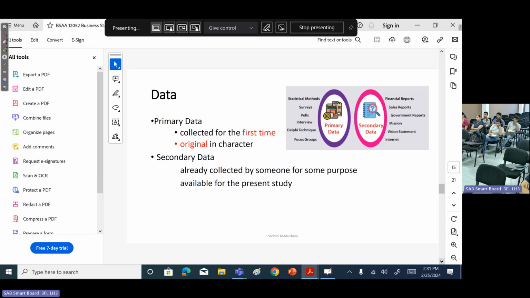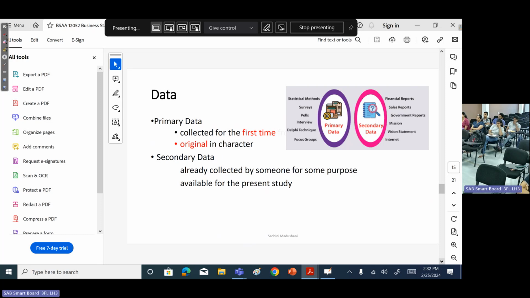Okay, primary data. But secondary data means data already collected by someone for their subject. Say you study economics, then you refer to the central bank report and take the data. Is this data primary or secondary? Secondary.